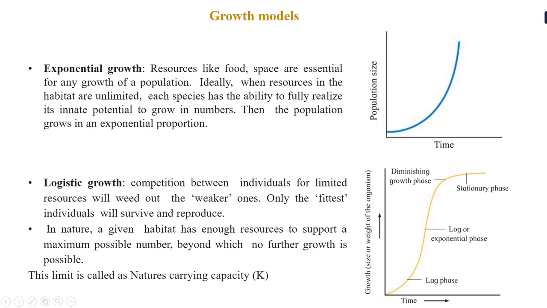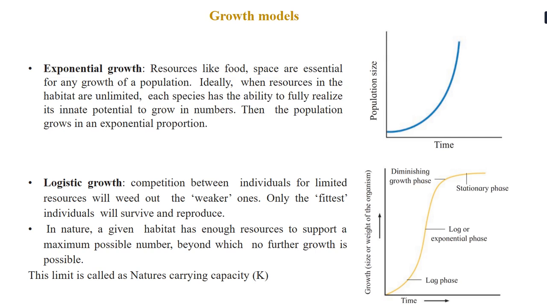Now, competition between individuals for a limited resource will weed out, of course, the weaker ones, and only the fittest individual in the environment will survive, and then they will reproduce. Okay, so this is the survival of the fittest. In nature, a given habitat has enough resources to support a maximum possible number of individuals.